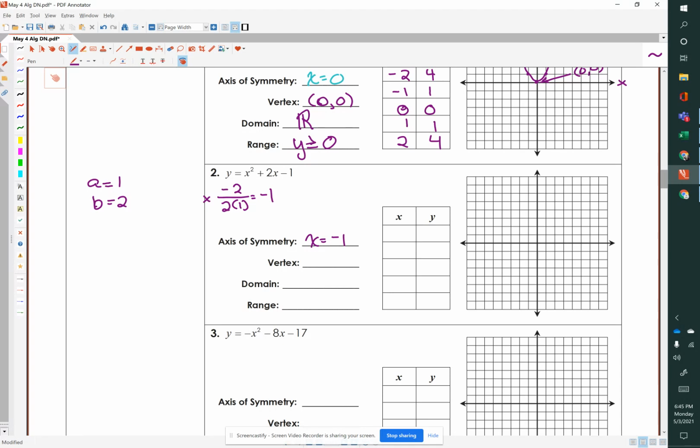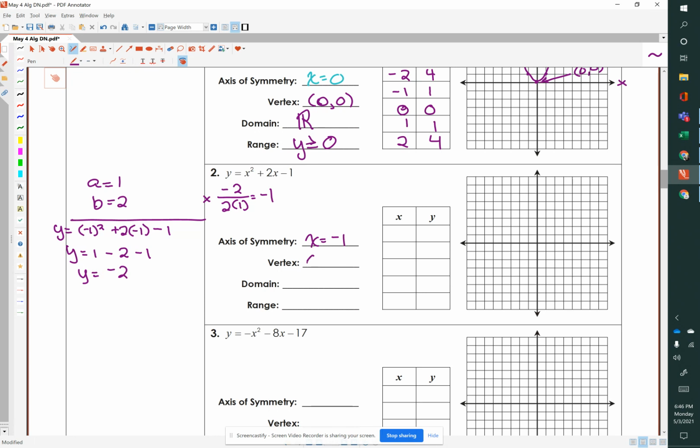So let's find the vertex by substituting. So y equals (-1) squared plus 2 times -1 minus 1. And when we evaluate that, y equals 1, because -1 times -1 is 1, minus 2 minus 1, and together y equals -2.